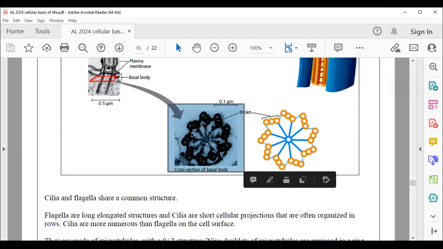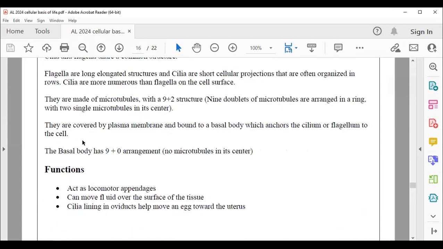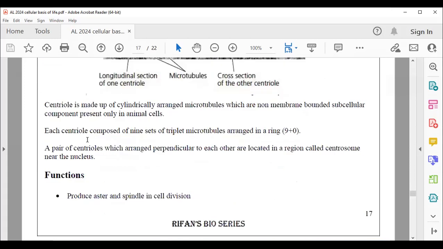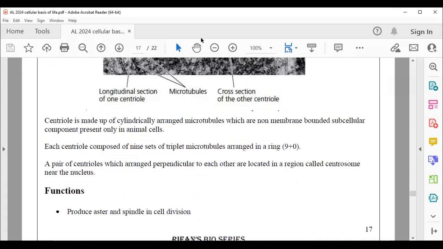Are you clear? Now, in your O levels, you studied cell division, correct?